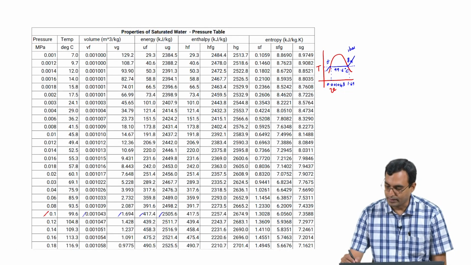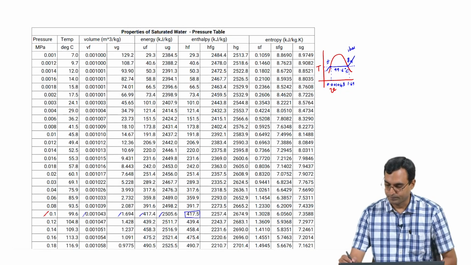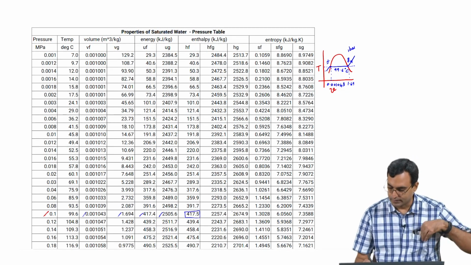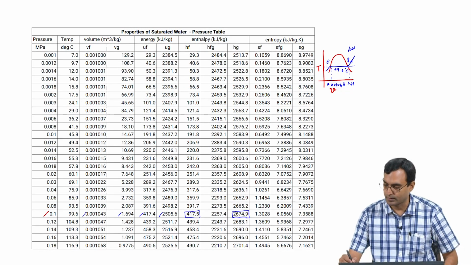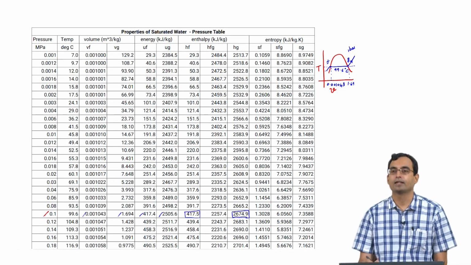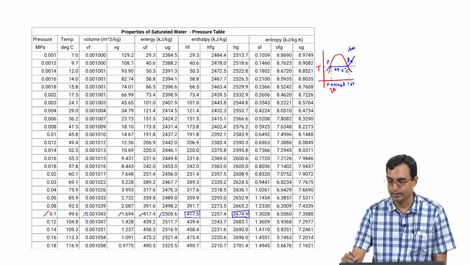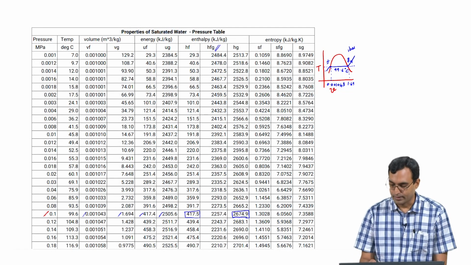The enthalpy at this point F is given as 417. The enthalpy at the point G, which is this over here, is given as 2674.9. The difference in enthalpy between G and F is listed in this table as hfg, which is given as 2257.4.